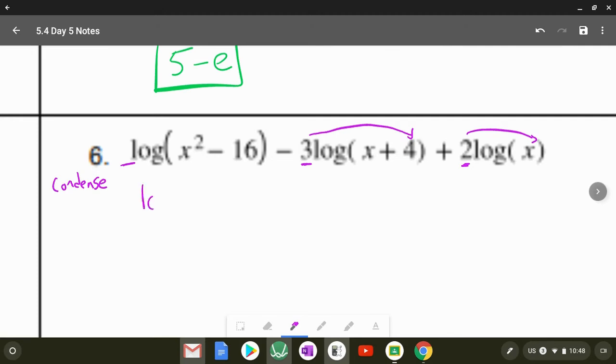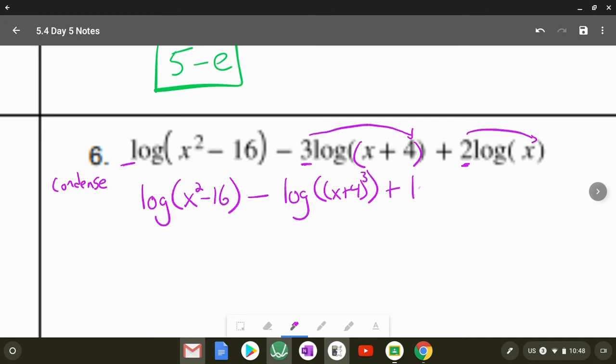So we have log of x squared minus 16 minus log of, now be very careful, this 3 is going to the exponent, but it's going to the exponent of every single thing on the inside of that log, that whole expression on the inside. So it's x plus 4 quantity to the third. And then again, log of x squared.